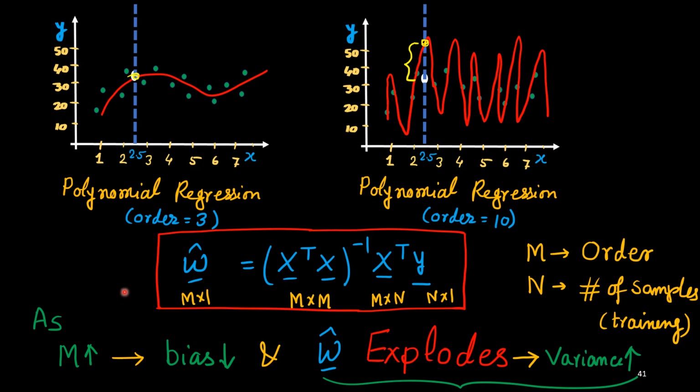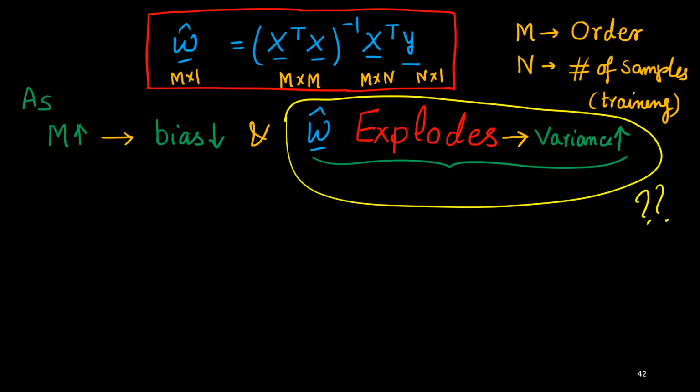Now we need to understand why the w value increases rapidly whenever we increase this capital M, this order value, and if the w value is very large, why variance will increase. If we can understand these two things, then we can go for ridge regression to eliminate this overfitting problem. So our target is to understand that whenever m is increasing, w hat will explode, and it will lead to high variance.